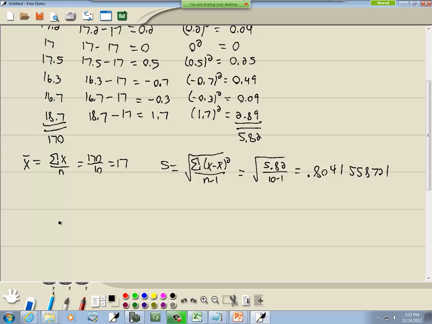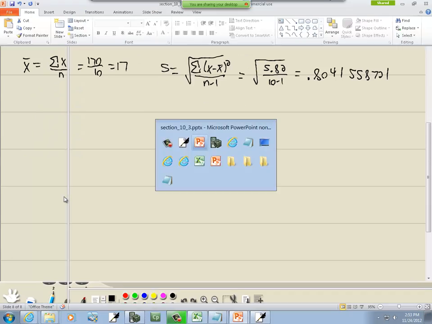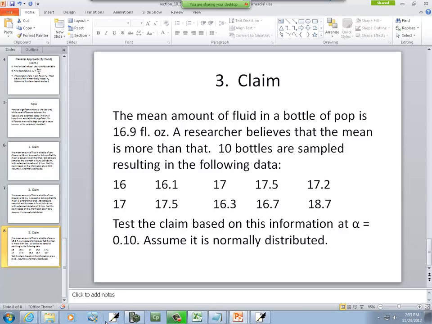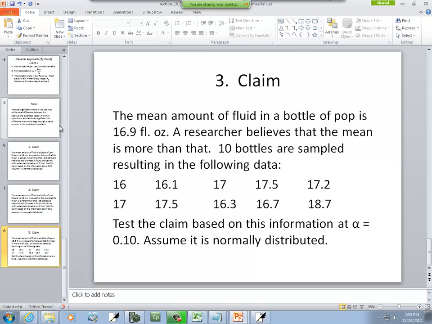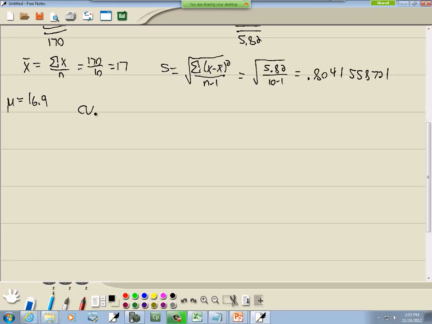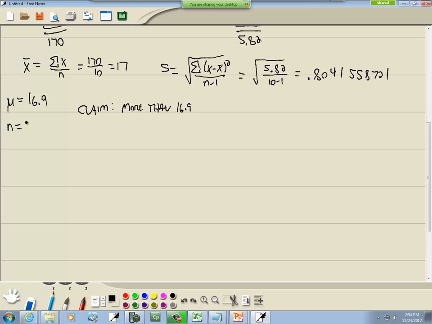Okay, now we're ready for our problem. Let's see what they're saying. The mean amount of fluid in a bottle of pop is 16.9. Well, the implication is that's mu. The researcher believes that the mean is more than that. Sounds like the claim: more than 16.9. 10 bottles are sampled, so N is 10.